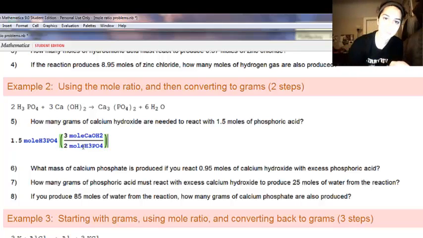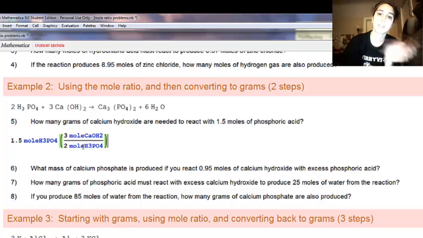We're using our mole ratio to go from moles of phosphoric acid to moles of calcium hydroxide. Next, we have to go from moles calcium hydroxide to grams calcium hydroxide. We already know how to do this: from our mole calculations, to go from moles to grams, we need the formula mass.